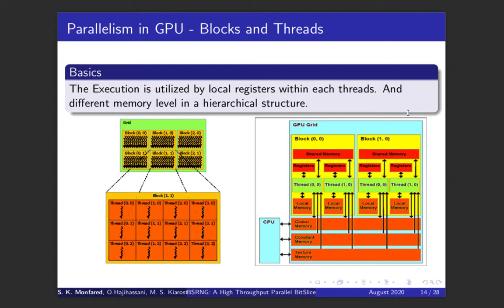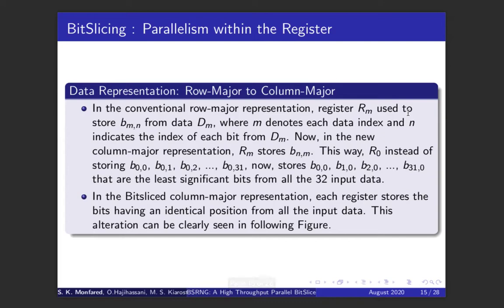Okay, but now I would like to introduce parallelism within the register at bit granularity, which I call BitSlicing. The idea is really simple. The idea is to convert the row-major representation of your data, whatever algorithm you're using, to the column-major representation.